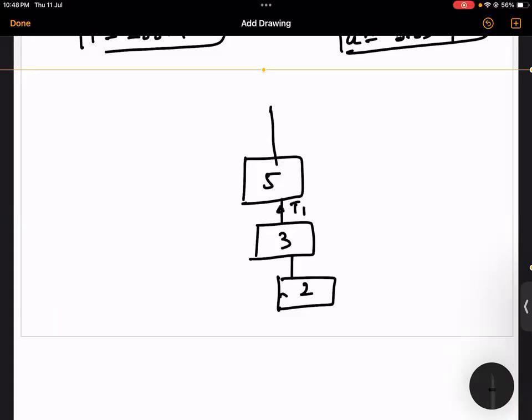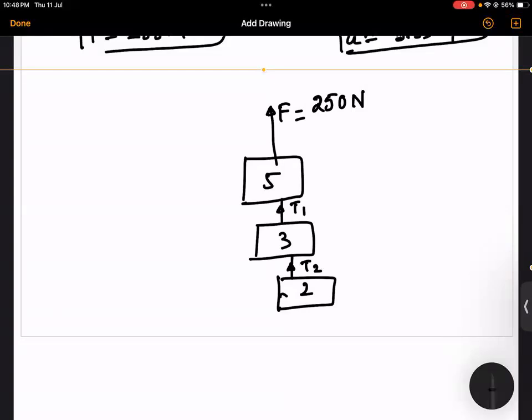They have given tension T1 and tension T2, and a force of 250 Newton acts on this, like this. Means the entire setup is pulled up with a force of 250 Newton.